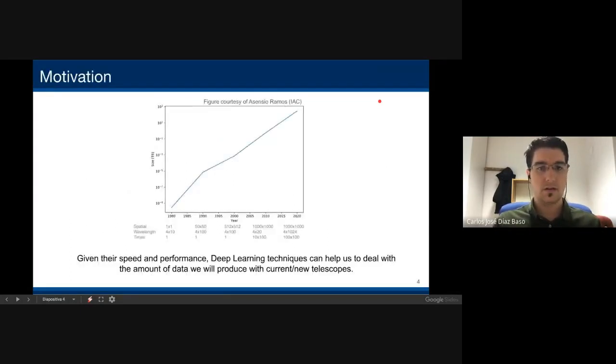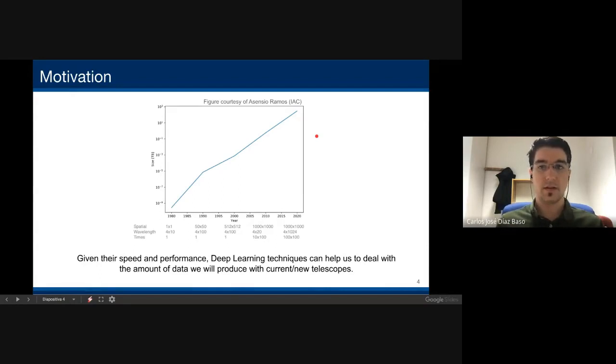And in this slide, I show you a rough estimation of the size of spectropolarimetric data observations and how this size is increasing with time. We know that our models nowadays, because we have more physical ingredients, also take more time to analyze the data.